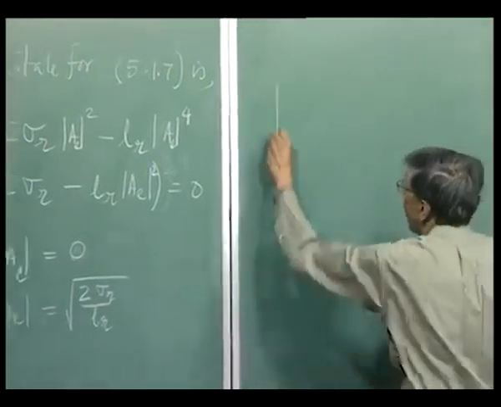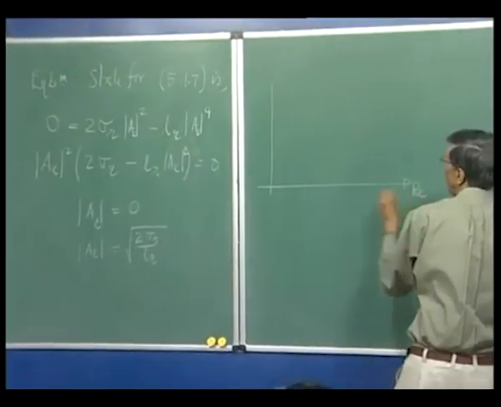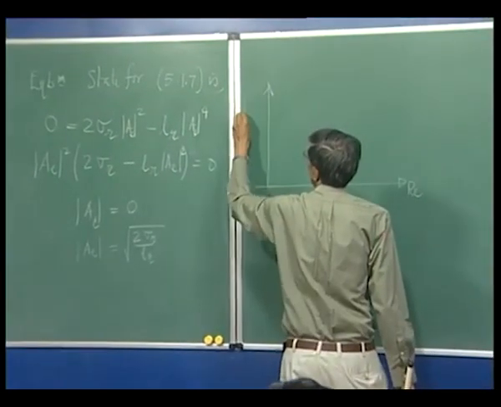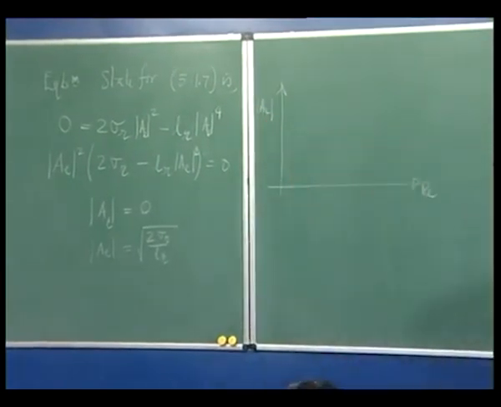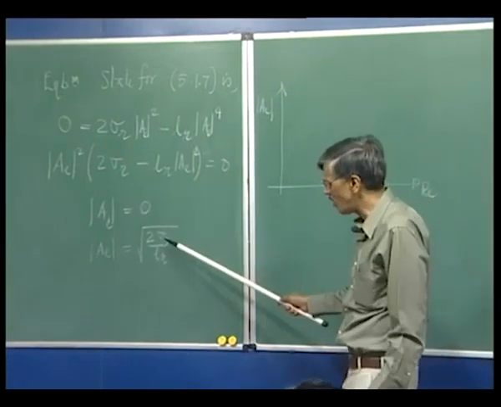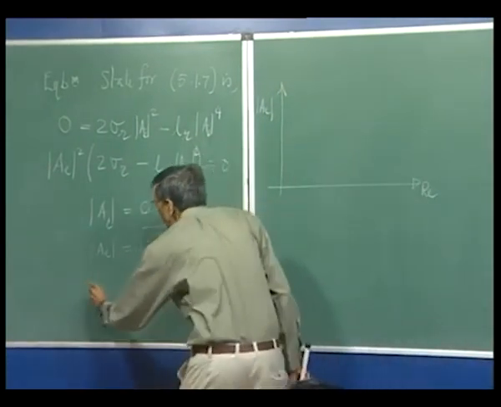And so, what I could do is plot on this side R e, and on this side I can plot A e. How should I see the variation? This comes from the linear instability path. Okay. What have we?